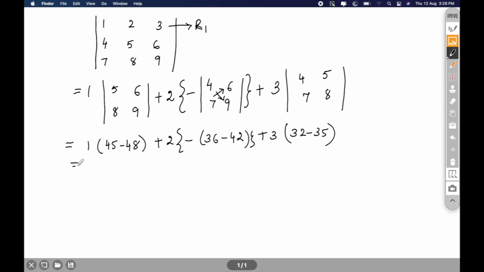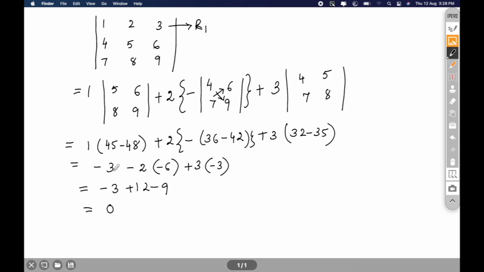So here we have minus 3, then plus into minus is minus 2, and within the bracket we have minus 6, then plus 3 into minus 3. So minus 3 plus 12 minus 9, this finally gives us 0. So this is how we expand a third order determinant and evaluate it.